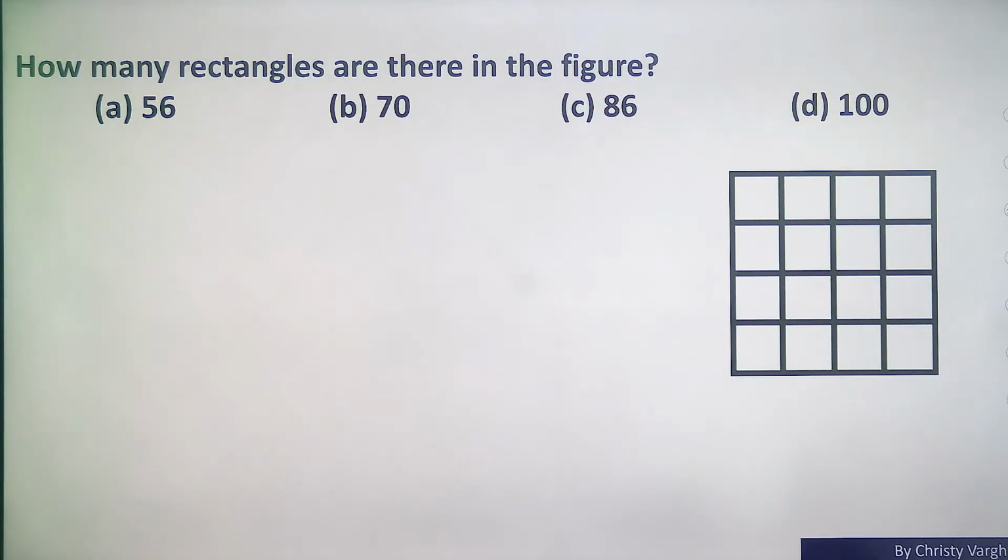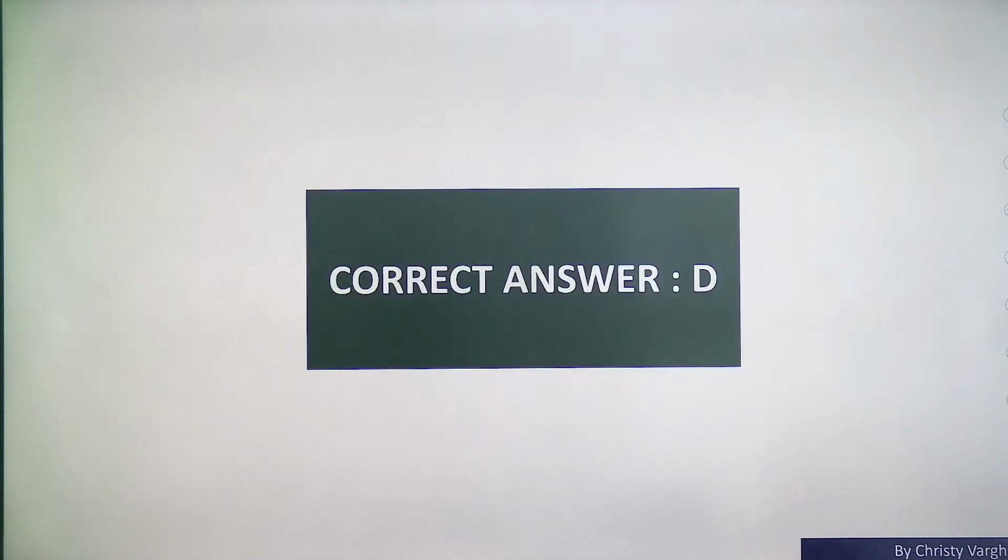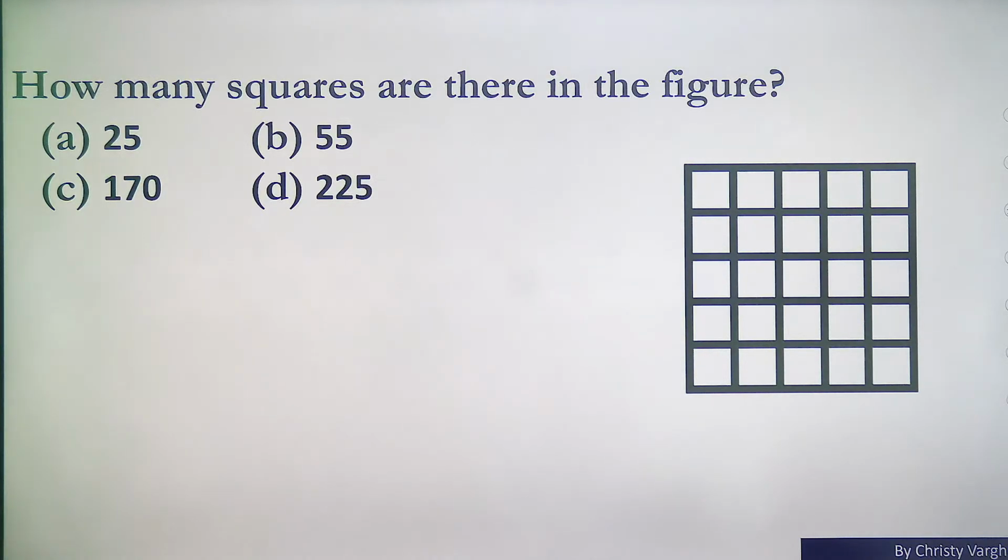Why 100? Because here non square rectangle नहीं, पूरा rectangle का नंबर चाहिए. पूरा rectangle का नंबर के लिए m plus 1 c2 into n plus 1 c2, that is 4 plus 1 c2 into 4 plus 1 c2, 5 c2 into 5 c2, 100. Again, combinations, if you don't know, please check out my previous classes. You will get clarity. So answer this fast for your extra practice. I'm giving an extra question. Answer it fast.